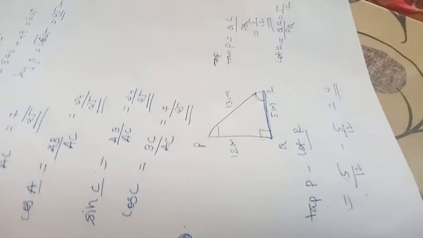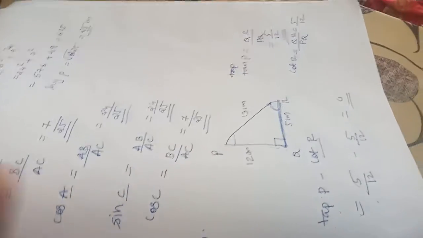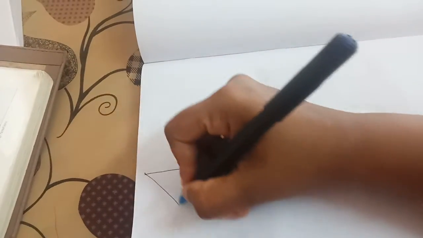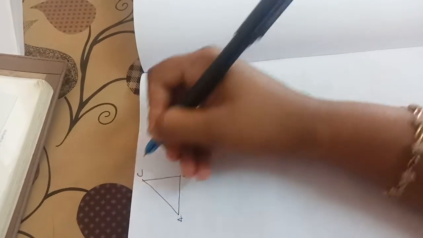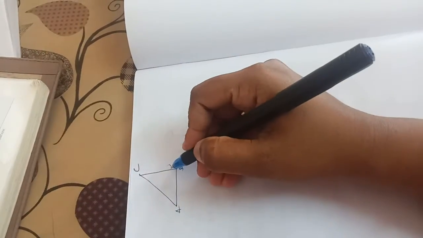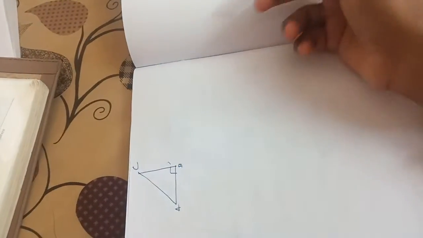Okay. Next question number 3. If sin A is equal to 3 by 4, calculate cos A and tan A. So sin A is given in the question. A, B, C, I am marking here. Let ABC be a right angled triangle, right angled at the point B. So here it is making 90 degree.